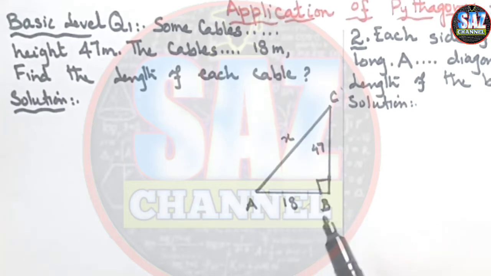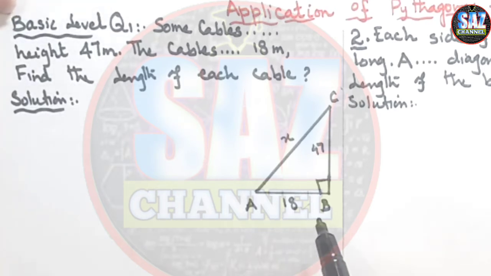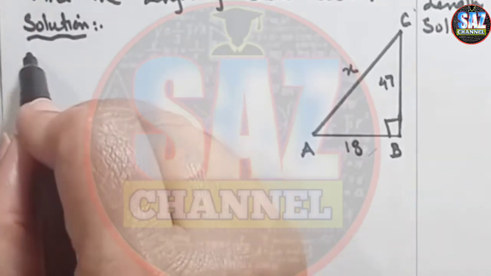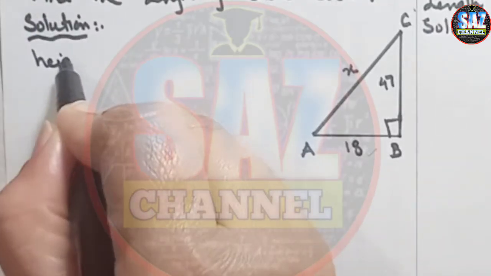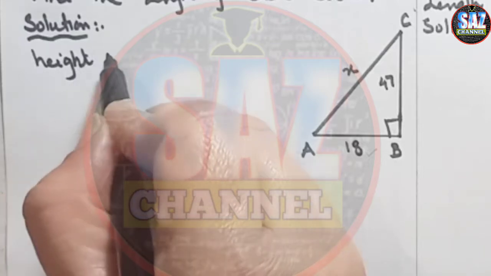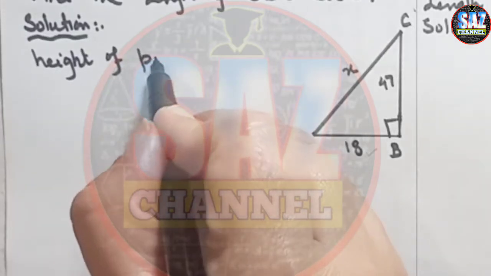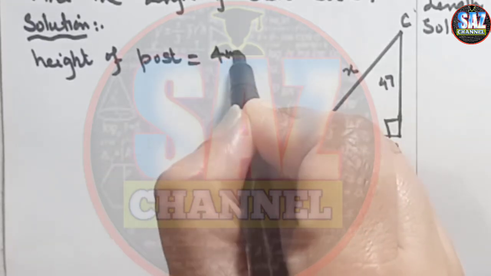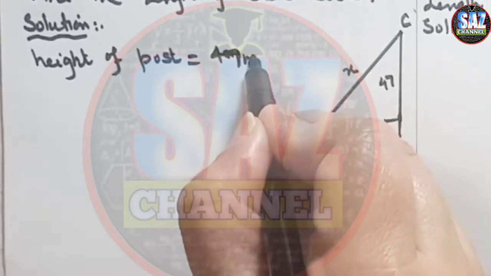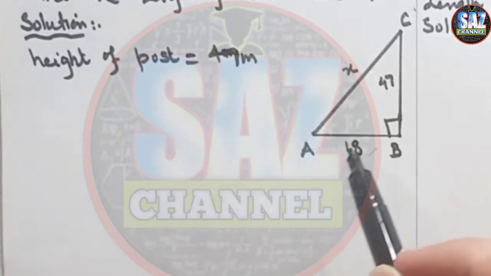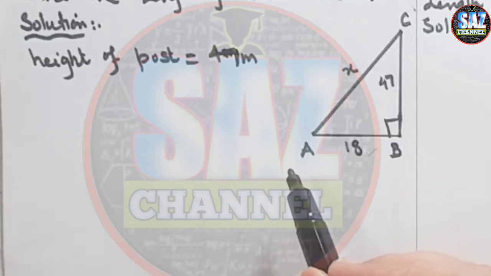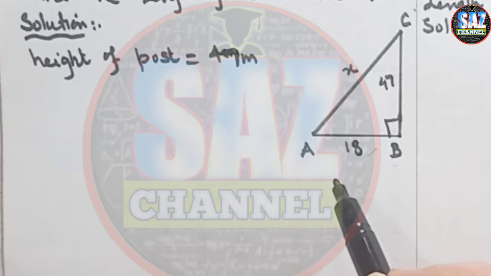Before going to the solution, we have to support our working with short statements. We can write the statement that height of post equals 47 meters, and then the question says that the cables are attached from the top of the post to the point on the level ground.